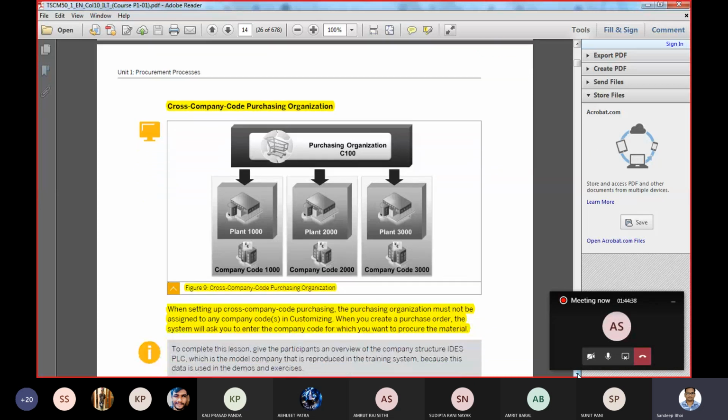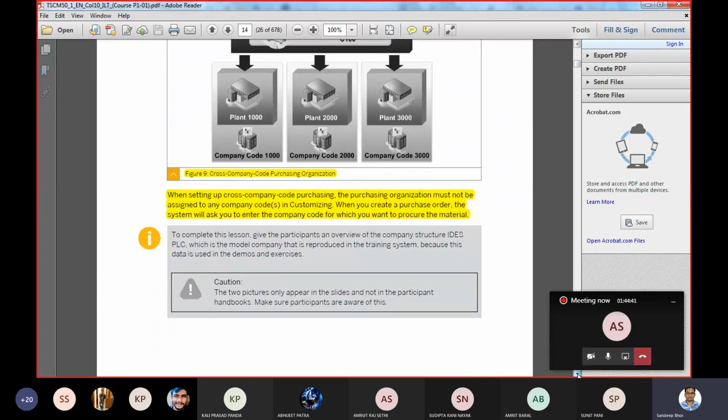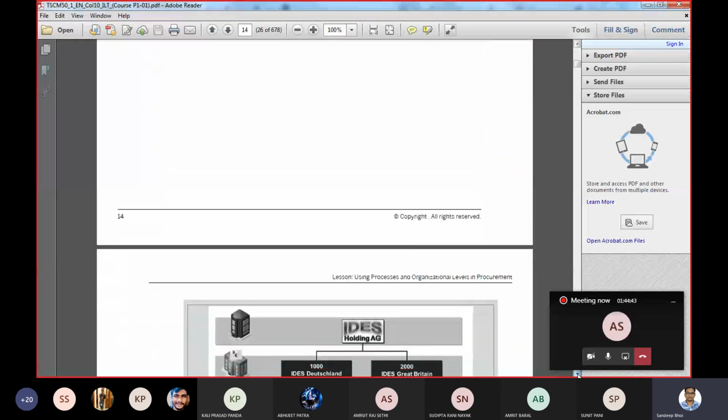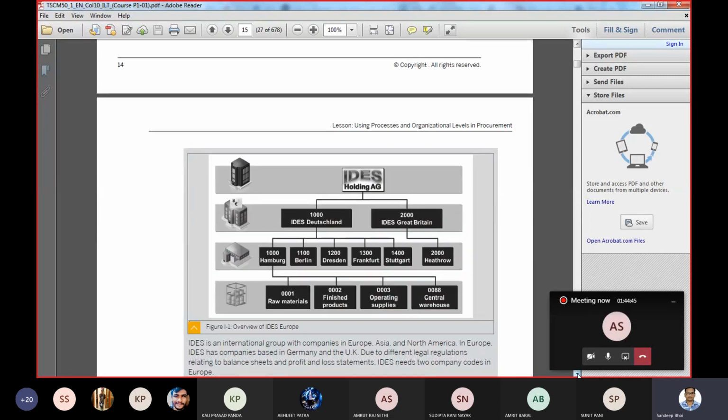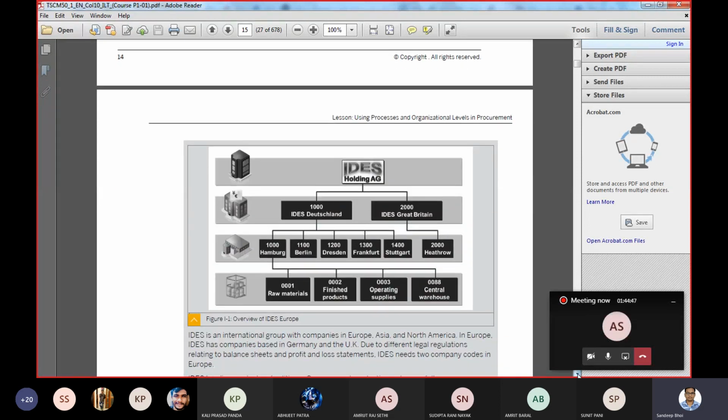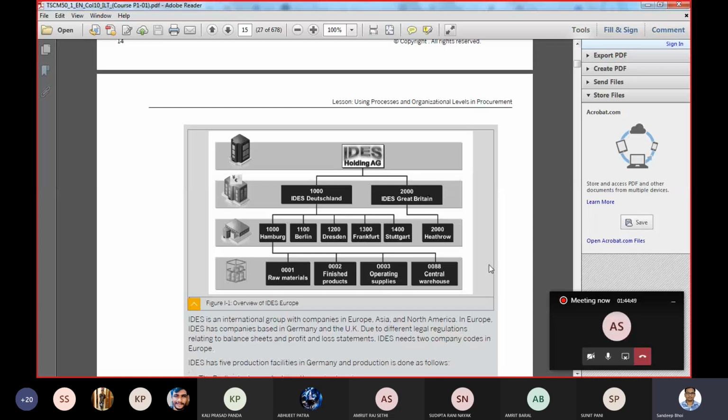I hope you know the advantage of a cross-company-code purchasing organization. Again, this is a live example: IDES Holding AG is a client.